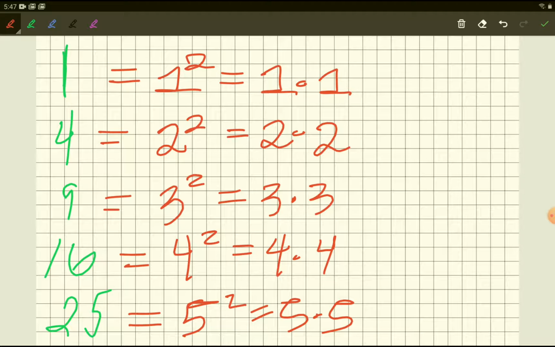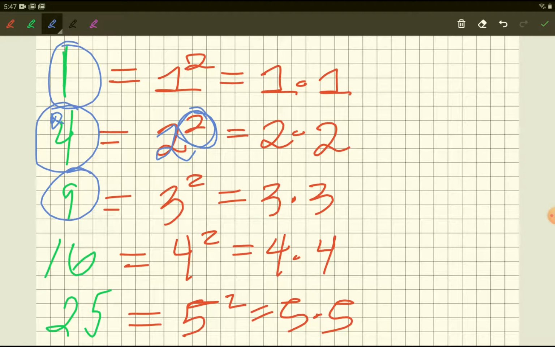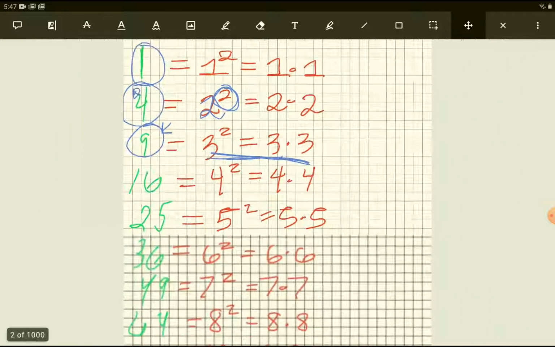You just square a number, that's what you call it when there's an exponent of 2. You square any number and you're going to get a perfect square. That's your answer, the perfect square. Make sure you have that.